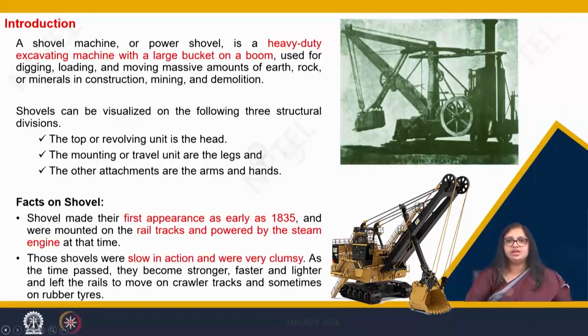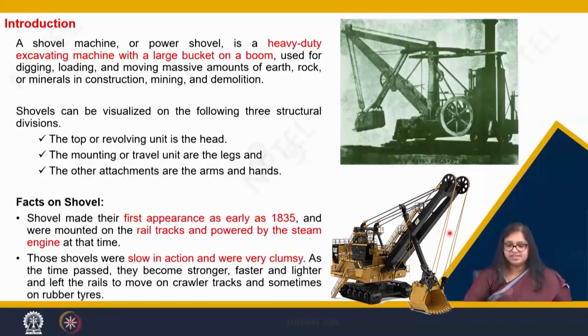Now, when we visualize a shovel, you can see in this picture a rope shovel. This is one of the modern rope shovels that you may find in various mines. When we visualize this shovel, we visualize it in three parts like a human body.